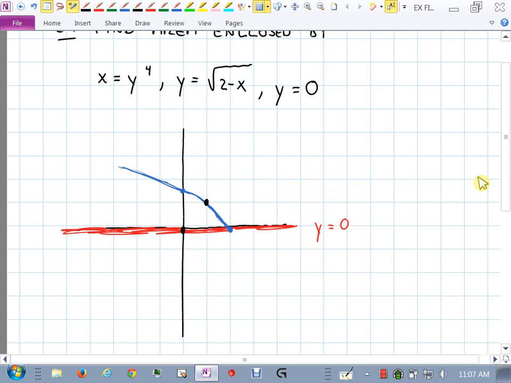That's way out here, right? So there's my parabola-looking thing, goes like that. Now it does go the other direction also, goes this way. But I don't need it because do you see the region enclosed? It's the region enclosed by all three. So this one right in here.